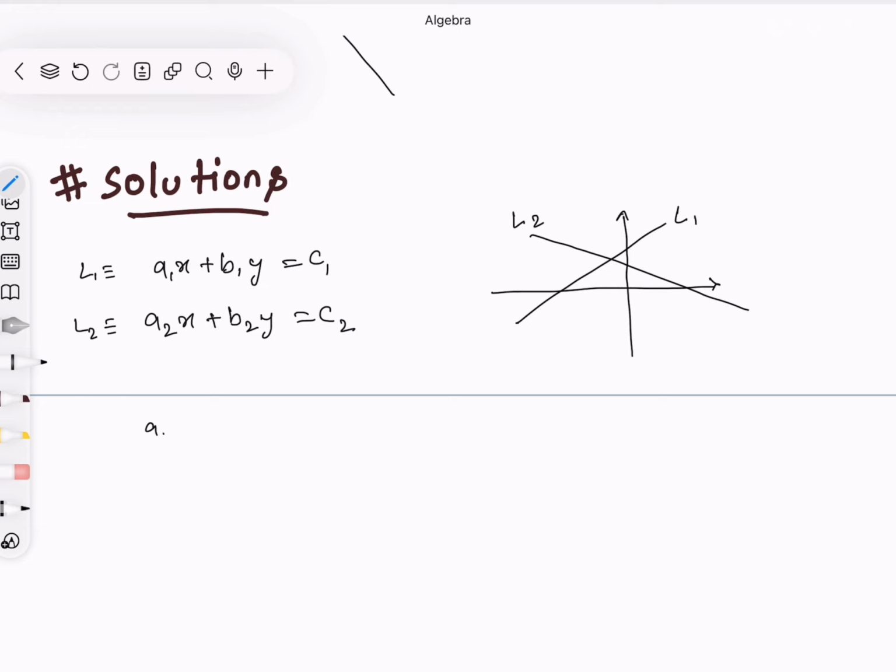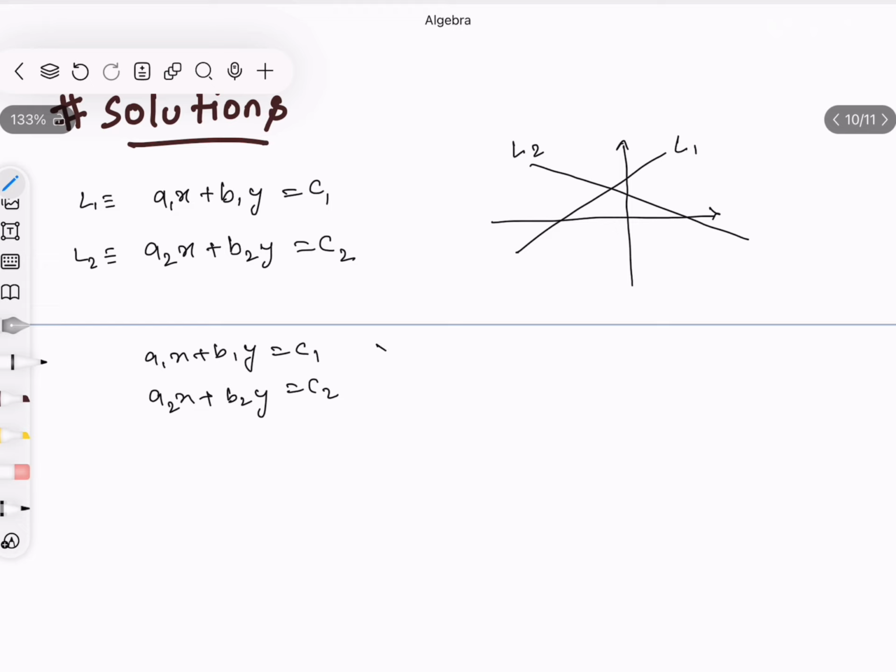So let's say you have a1x plus b1y equals c1 and a2x plus b2y equals c2. What I would do is multiply by b2 in this equation and multiply by b1 in this equation. And I would subtract the second equation from the first equation.